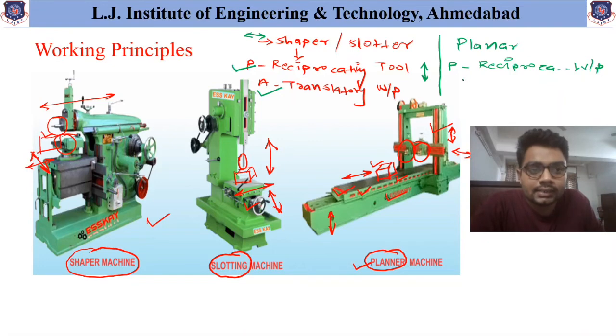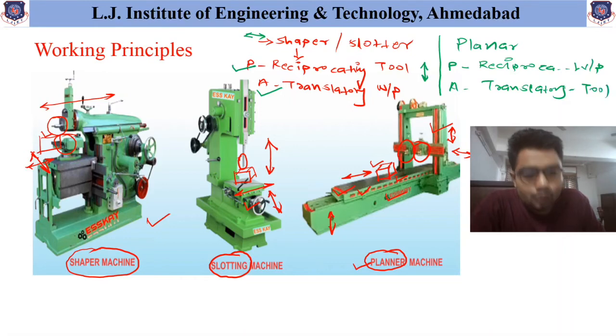In this case, the reciprocating movement, that is the primary motion, is of the workpiece, and the auxiliary motion is the translatory movement of the tool. So this is our auxiliary motion. These are the basic working principles of these three different machines.